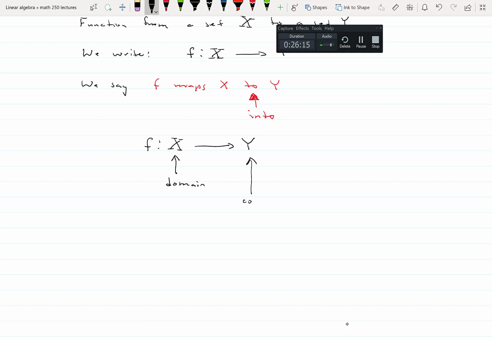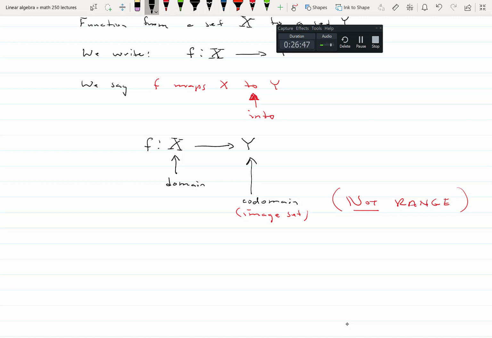It's called the codomain. We'll clear that up in a bit. Sometimes it's called the image set, not the range. Some of the elements from the image set are the range.